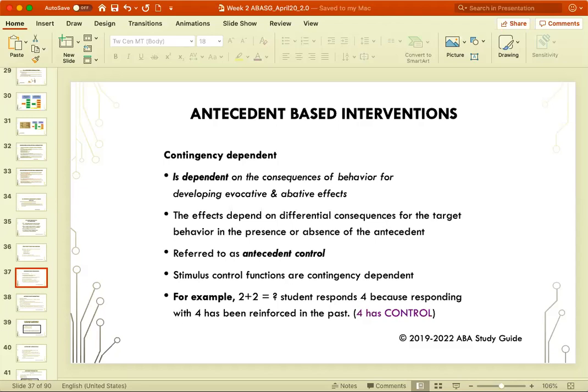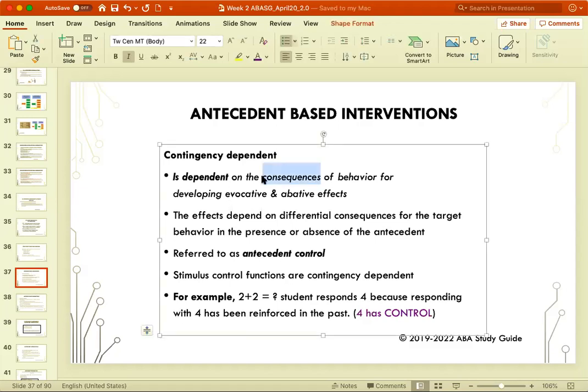So the example is 2 + 2 = 4. The student responds 4 because responding the number 4 has been reinforced in the past. So the reinforcement is dependent, the consequence, which is me saying, yes, that's right, it is 4, your behavior depends upon that.